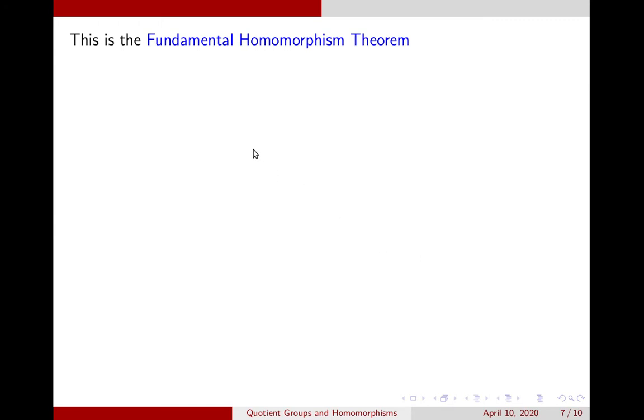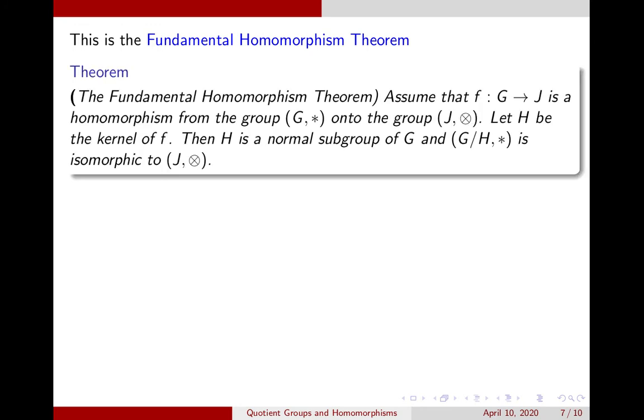Okay, this is an example of what's called the fundamental homomorphism theorem. The theorem says that what happened in our example always happens. Assume that the function f from G into J is a homomorphism from the group G star onto the group J circle times.